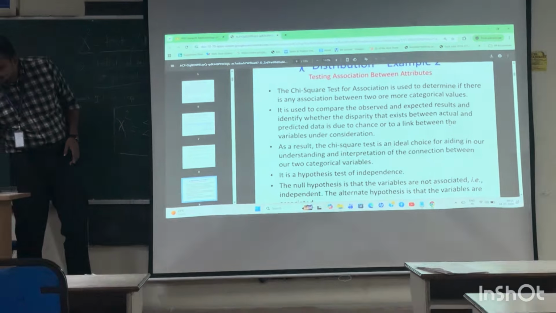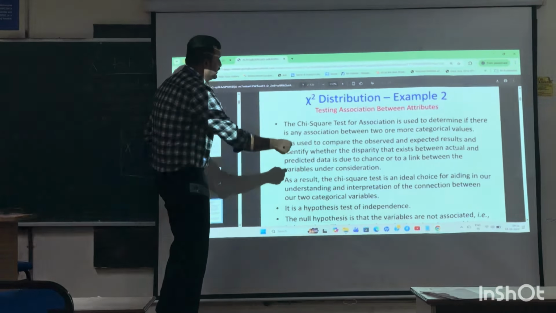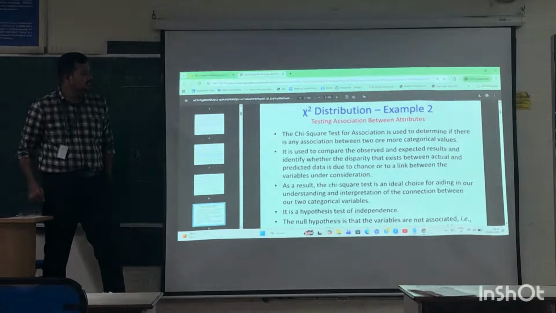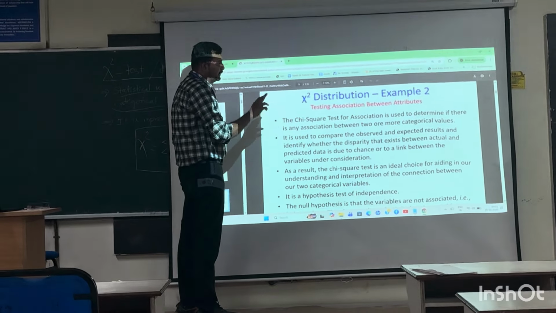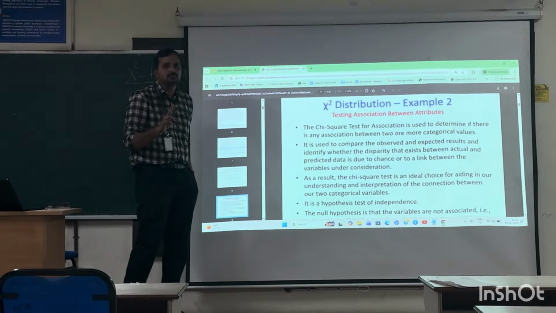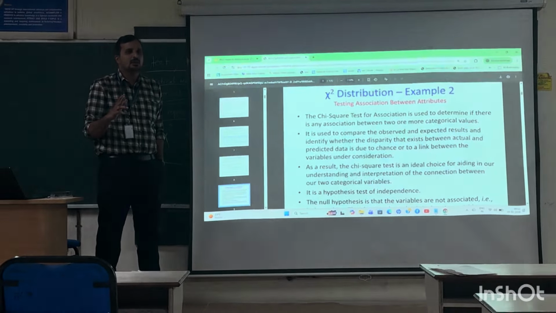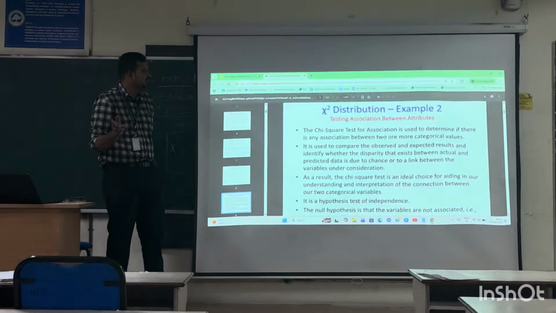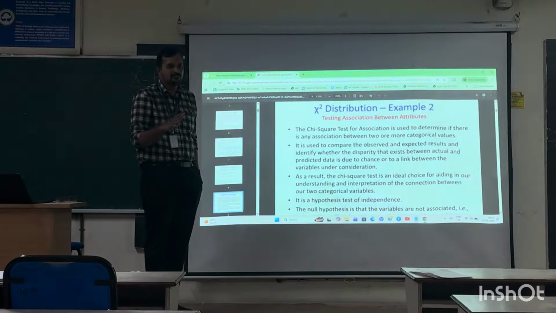The chi-square test is also used for testing association between two attributes. This test for association is determined between two or more categorical values. Two or more categorical values, means any idea? You did expected and observed.